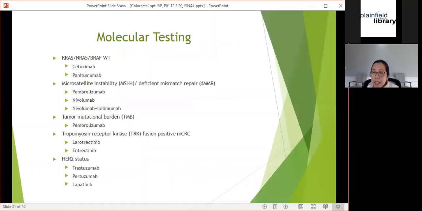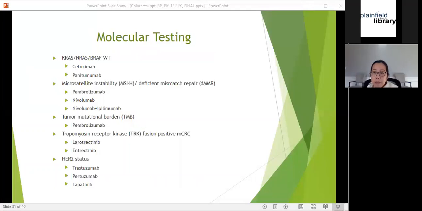For metastatic colorectal cancer, molecular testing is very important to help choose the appropriate personalized therapy. I listed here the most common tests that we are doing now. If the patient has KRAS, NRAS, BRAF wild type, cetuximab and panitumumab can be used in the metastatic setting.